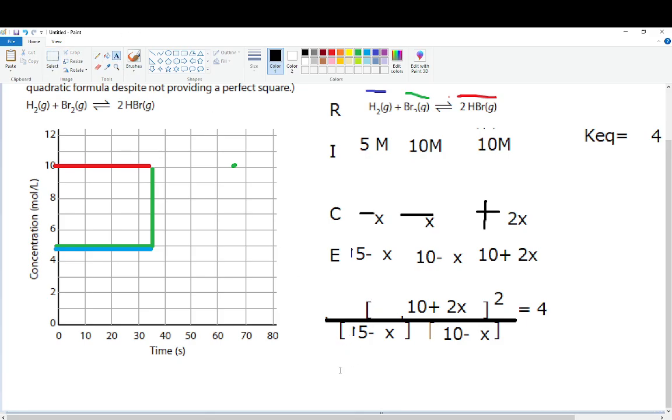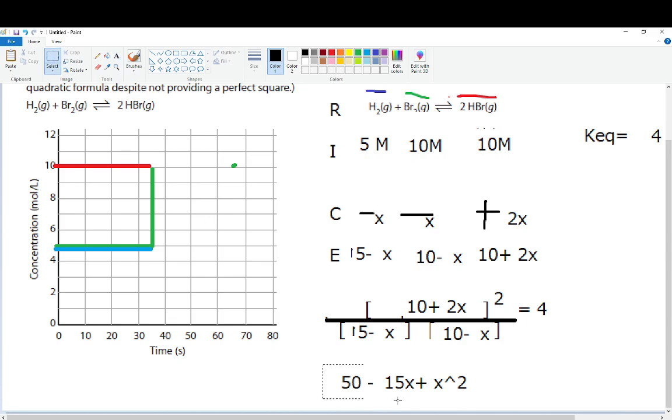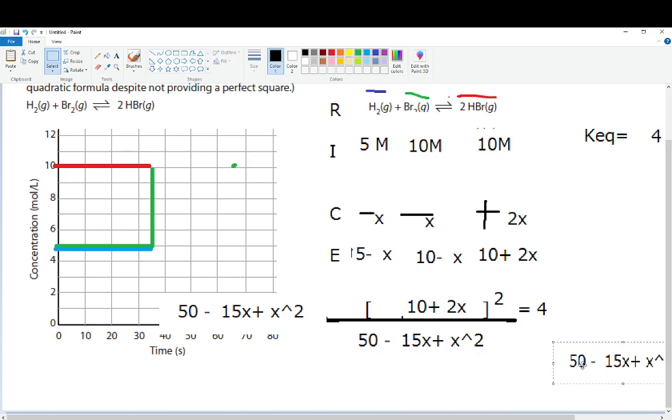When I expand the bottom one, 5 times 10 is 50. 5 times minus x is minus 5x. Minus x times 10 is minus 10x, for a central term of minus 15x. And then it's plus x squared. That's going to be the denominator. To get rid of the denominator, I multiply both sides by that denominator, which means this whole thing on the right, over here, is going to be multiplied by 4.